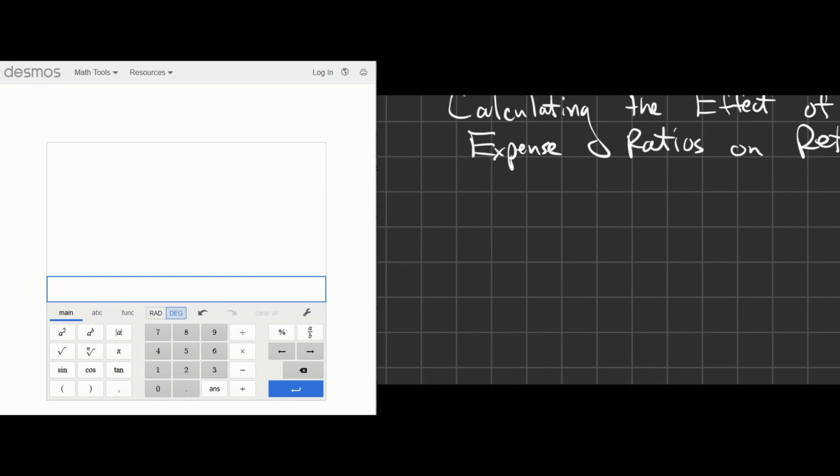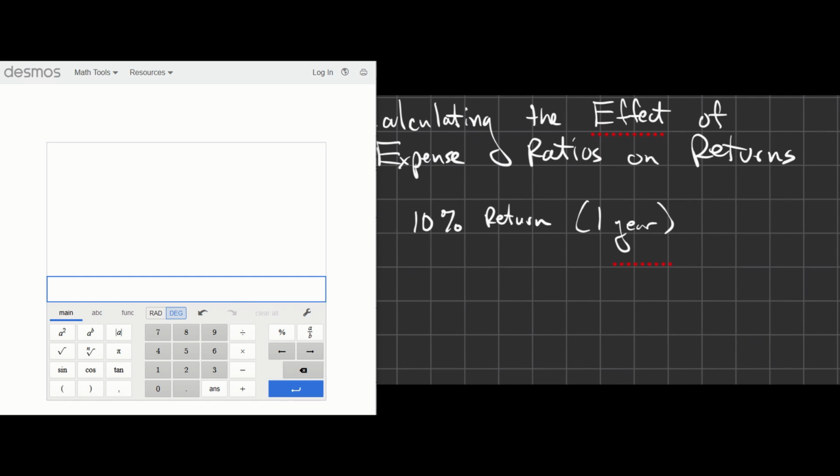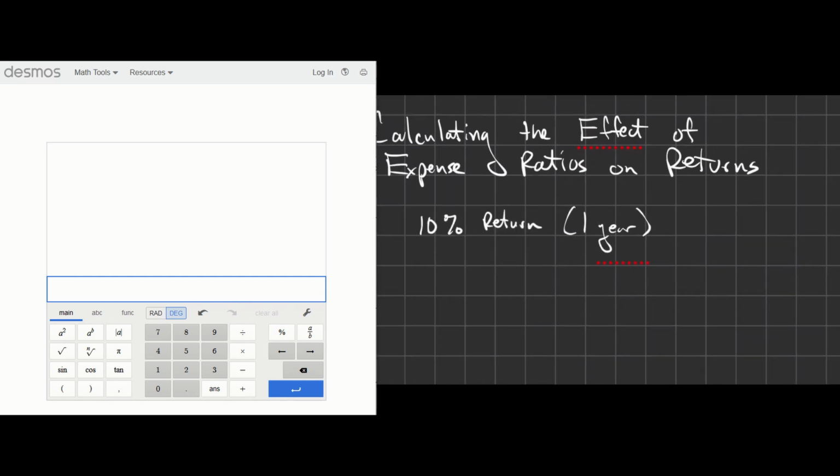Let's say that you have a 10% return. Let's say that this is a 1-year return. So you got 10% this year, but let's say that there was a 2% expense ratio in whatever mutual fund that you were invested in.